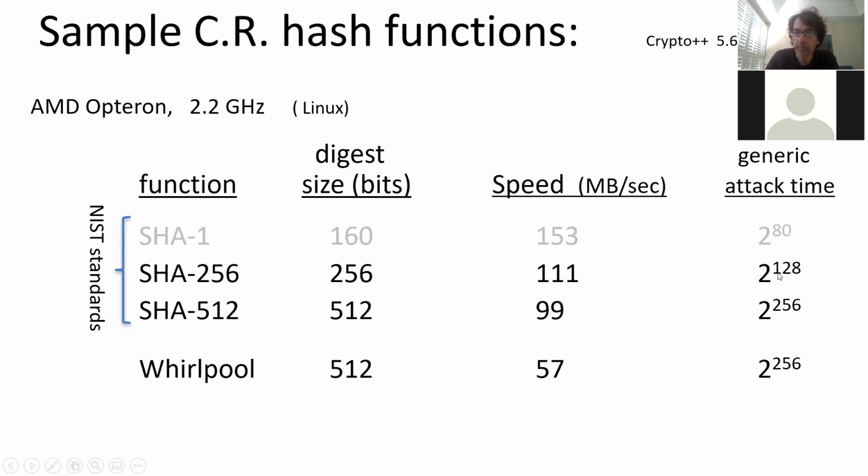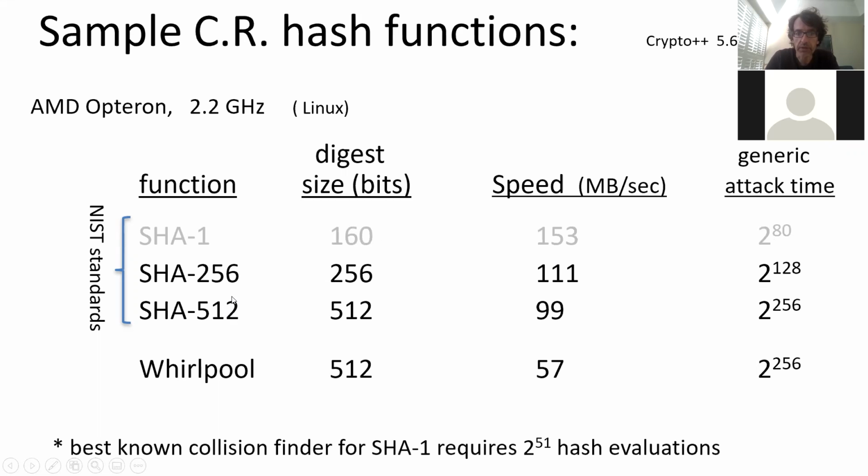That's why if you upgrade security to 128 bits, the hash function needs to have twice as long an output. And that's why the hash function parameters are like you see here. And SHA-1 has 160-bit outputs, which corresponds to 80-bit security. Okay.